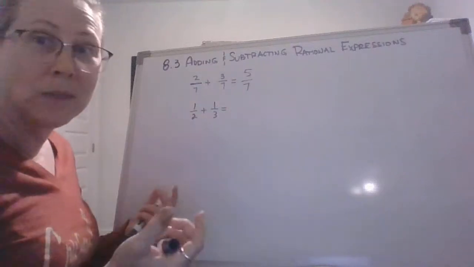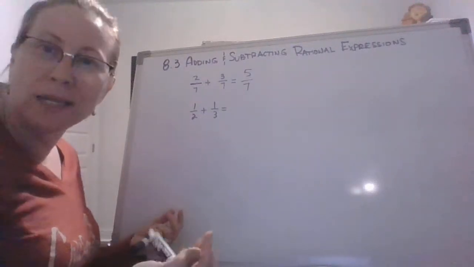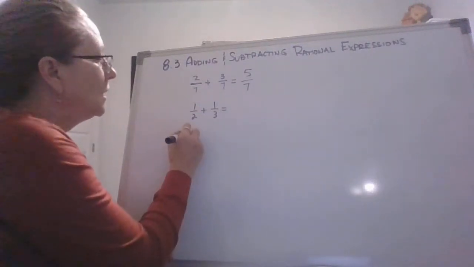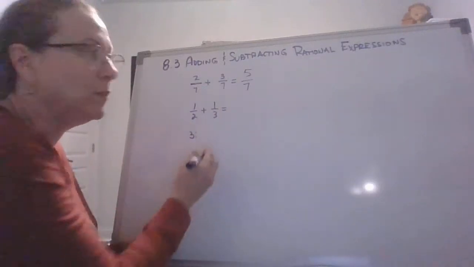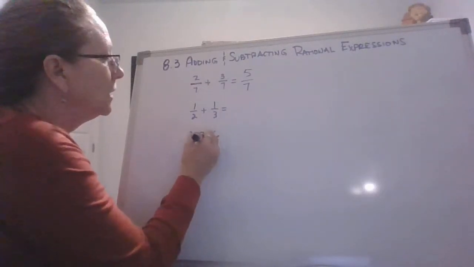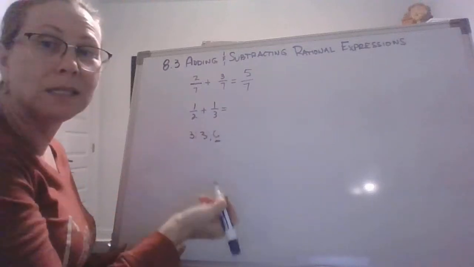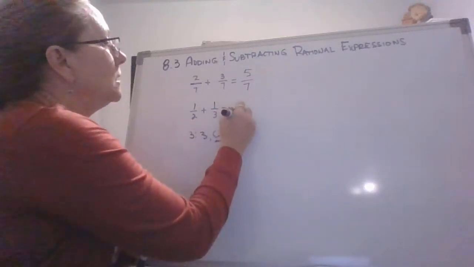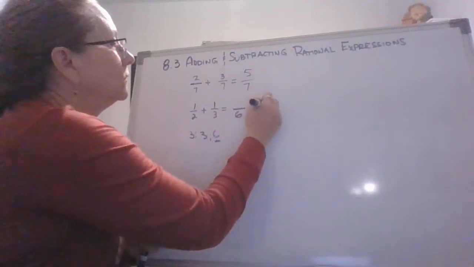Now, when we don't have a common denominator, we have to find a common denominator. So we'll take the higher number, and we might count by that number, 3, 6, oh wait, 2 goes into 6, so that's our least common denominator.